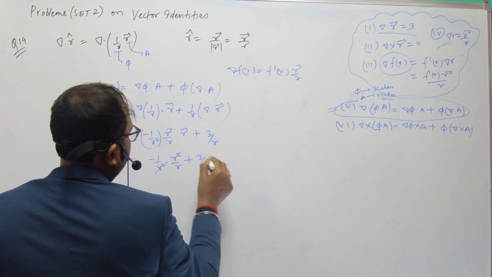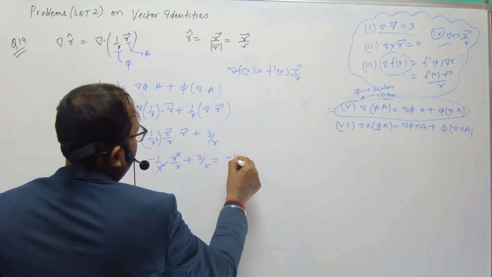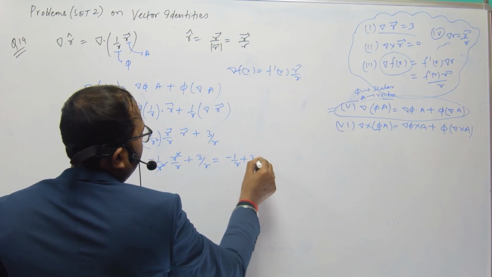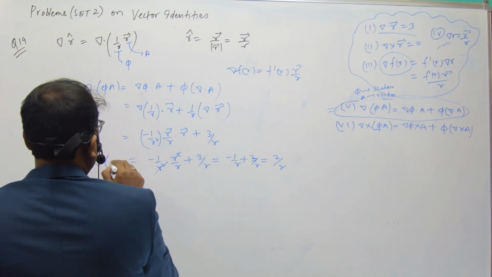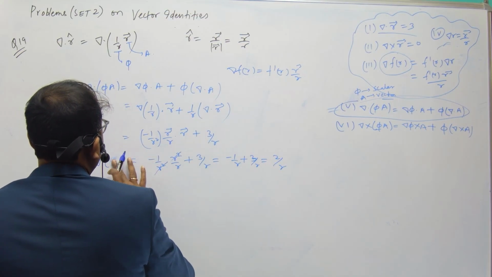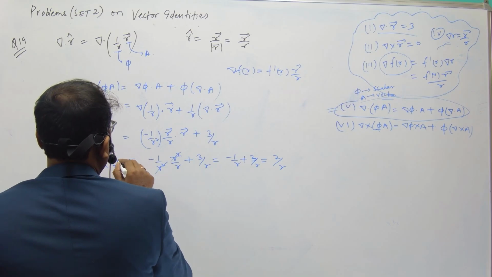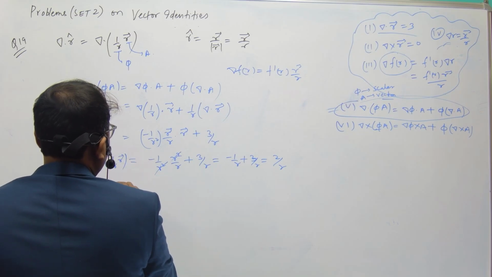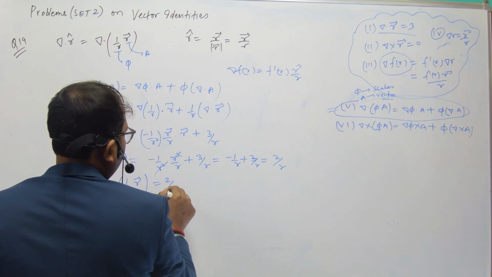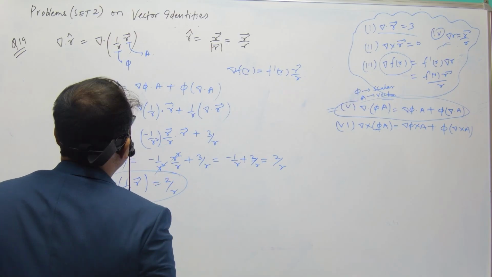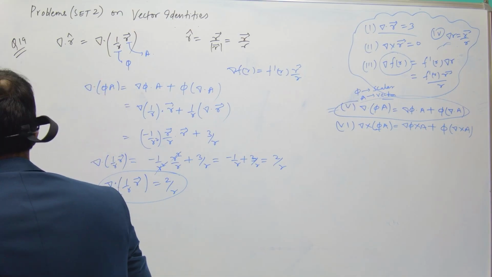This gets cancelled. Minus 1 upon r plus 3 upon r is equal to 2 upon r. So del dot phi a, del dot 1 upon r times r vector, equals 2 upon r.